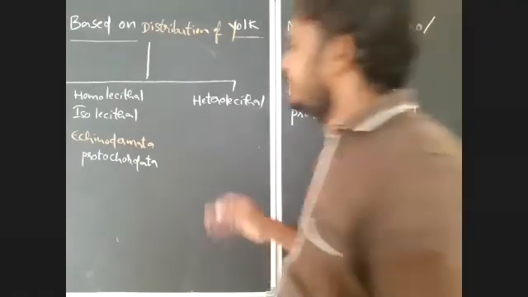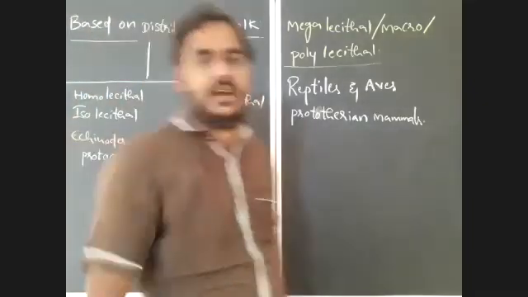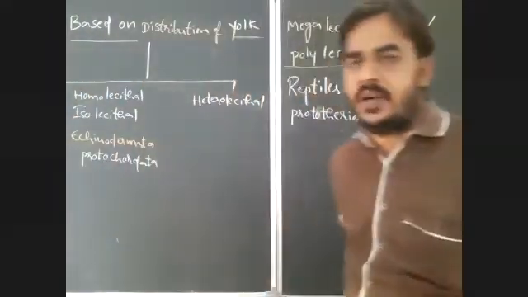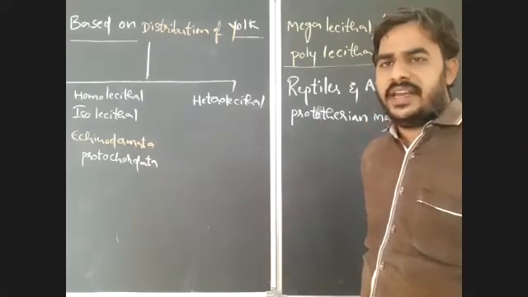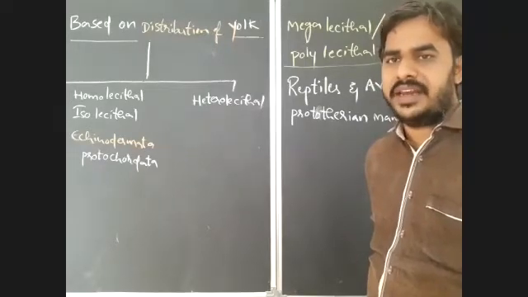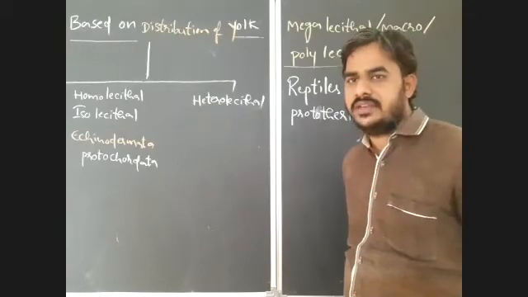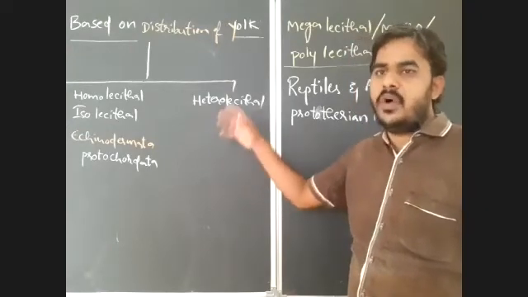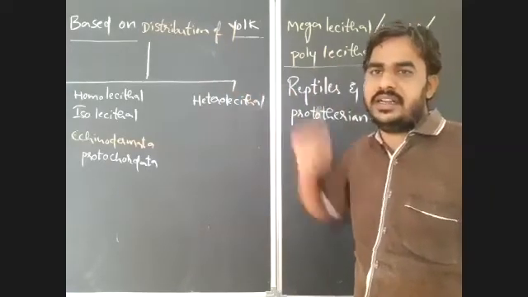After completion of that, what is a heterolethal egg? As I already told you, in this type of eggs the yolk is unevenly distributed, or the yolk is deposited more in some regions and very little yolk is present in other regions.